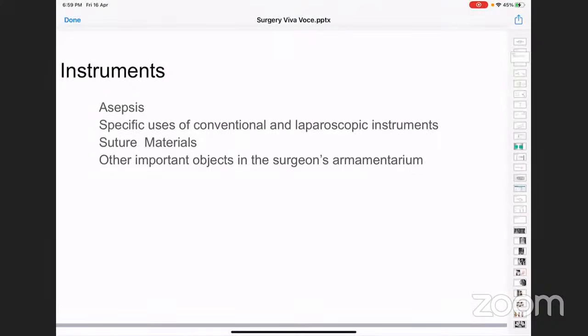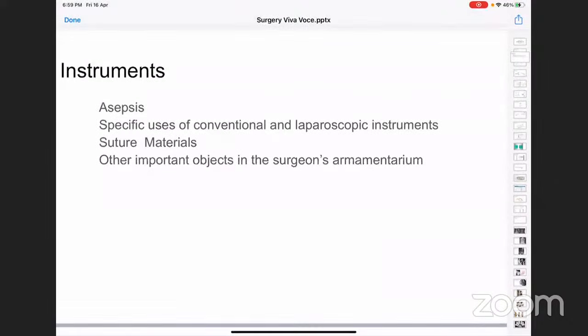We are people who work with tools, right? Surgeons are people who cannot practice their trade without tools. So it is very important for us to understand which are the tools of our trade. The study of surgical instruments will have to include the way you sterilize or disinfect them, that is asepsis, because aseptic surgery is the norm.